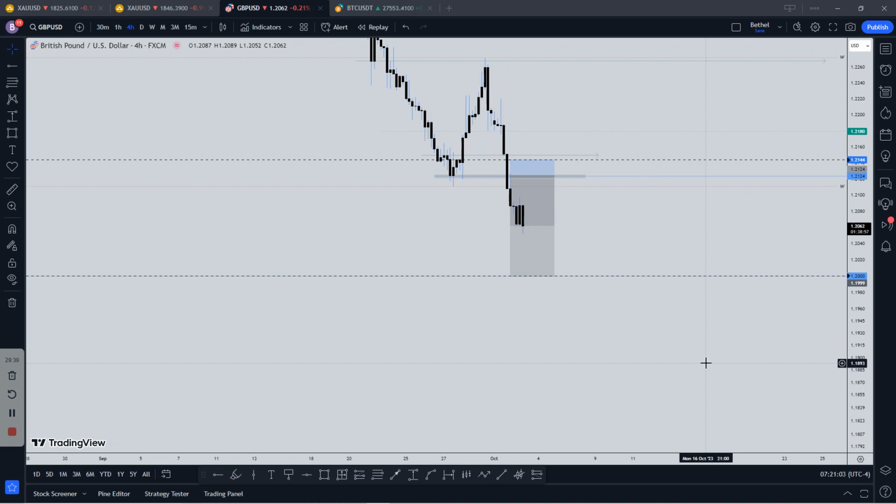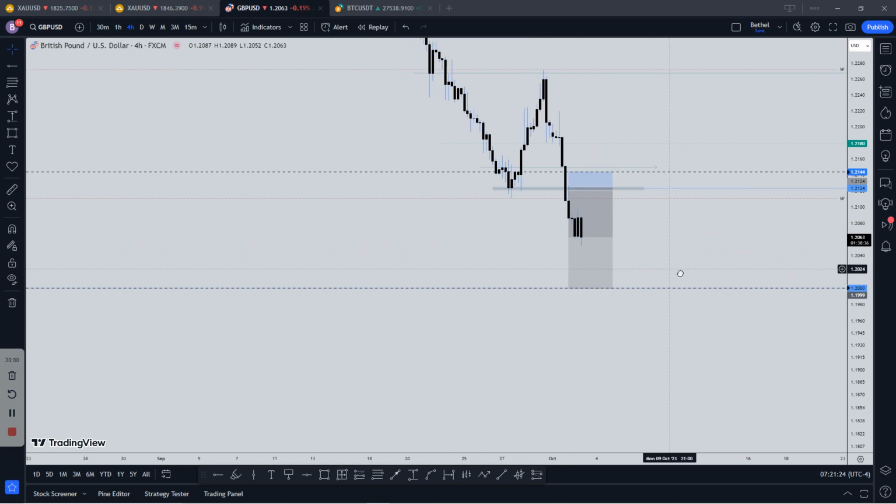It actually stops at a round number, maybe 7,500, 7,000. So that's the logic I'm using here. Since this pair is dropping, all the institutions and banks will be banking on this level 1.200. This is a very significant level. That's why I'm holding this trade. So it's about 124 pips.